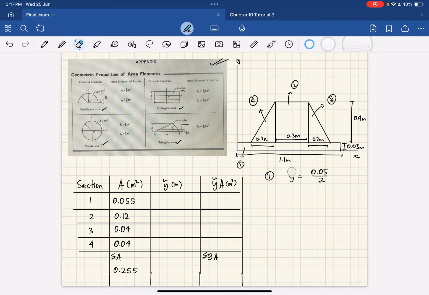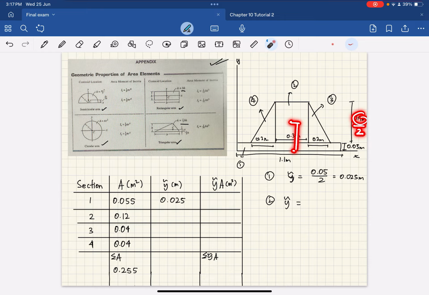There's no y bar, yeah, y tilde. Okay. Should be 0.05 divided by 2. 0.025. Okay. Clear? Now for section 2, how do you find the y tilde? So to find the y tilde, it's here, right? So you need to consider the distance of 0.05 and half of this one, okay?